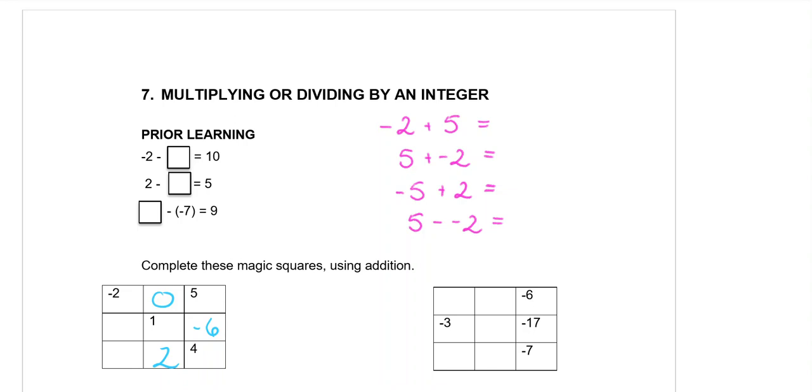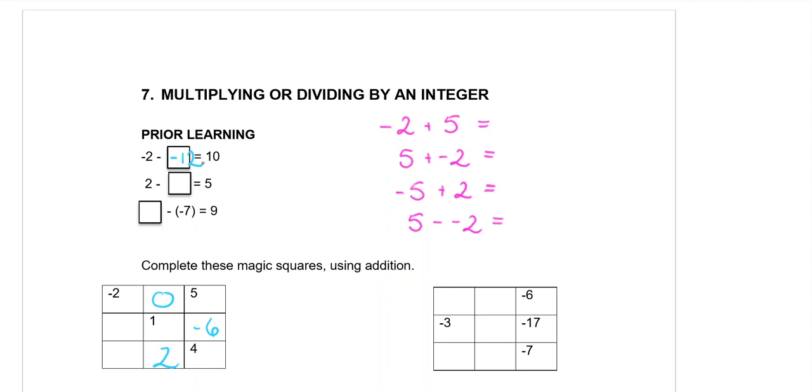If we're at -2, the only way to get to a positive 10 is to add something on. To get from -2 to 10 means you have to go up 12 places, but I need the minus sign there as well, so the 2 minuses make a plus. So it's -2 plus 12 would equal the 10.